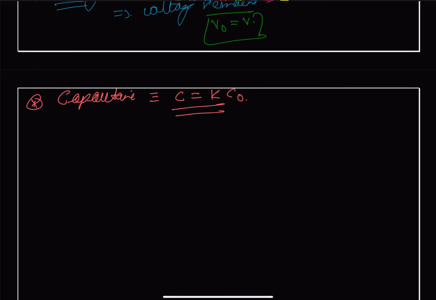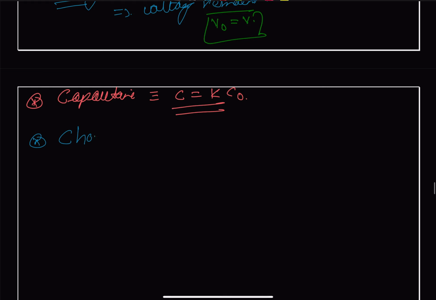And next is our charge. Charge, we know, we wrote that Q is equal to C multiplied by V, and we substitute value of C, that is K times C naught, and the voltage is same, that is our V is equal to V naught, so we substitute here V naught, and this comes as K, and C naught V naught is nothing but our Q naught.